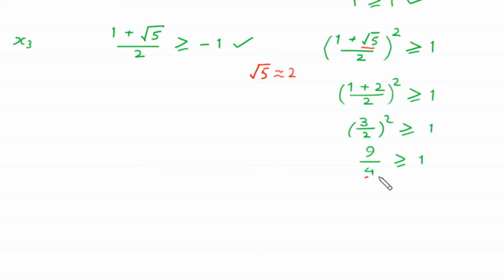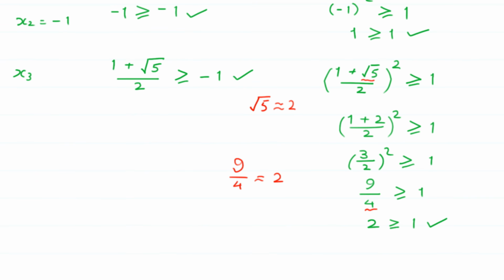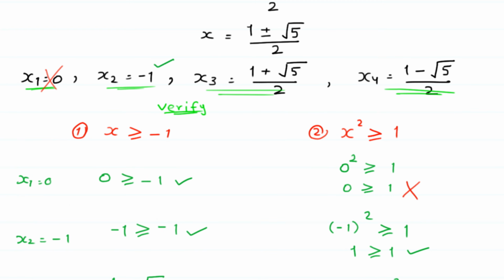Now this 9 over 4 is approximately equal to 2. So we replace this 9 over 4 with 2, is greater than or equal to 1. So 2 is greater than 1, so this condition is also true. And because both conditions are true, this solution, the value of x3, (1 plus square root of 5) over 2, is also a valid solution.